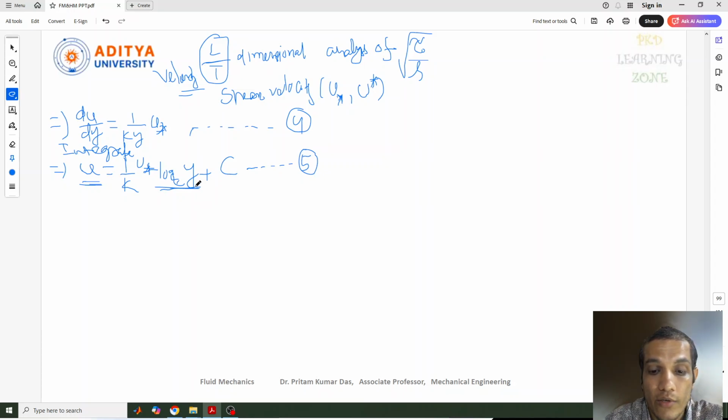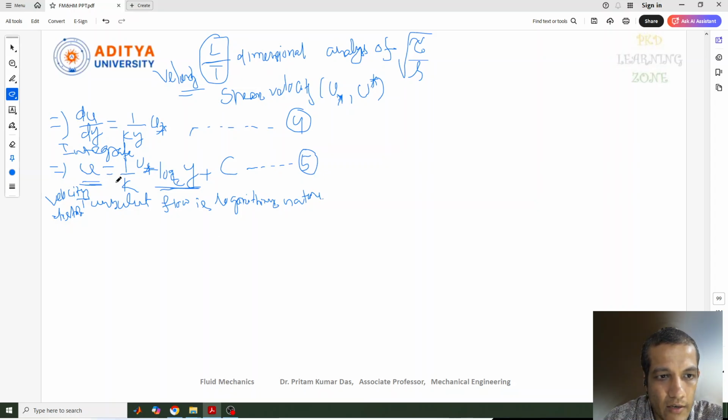So we can say that the velocity distribution in turbulent flow is logarithmic in nature.